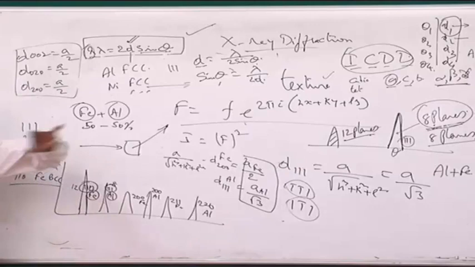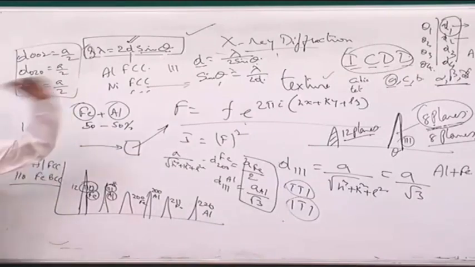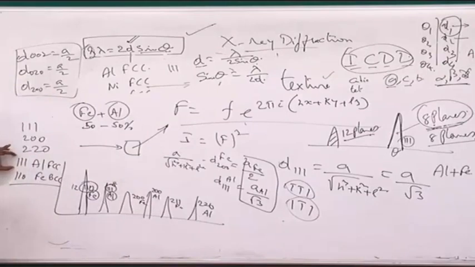The number of atoms in the plane are different. If the number of atoms in that plane are different, then the number of electrons interacting with the X-ray beam are different. So because the packing density of this plane is higher than the packing density of this plane, you will possibly get higher intensity.